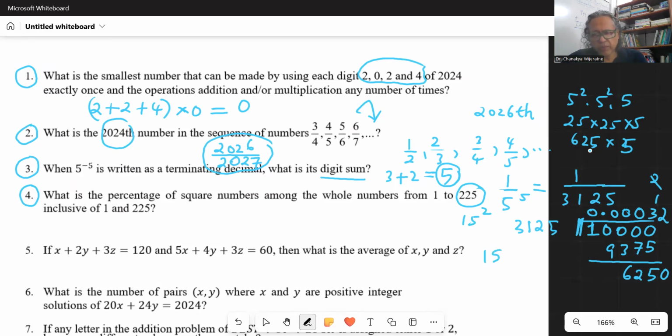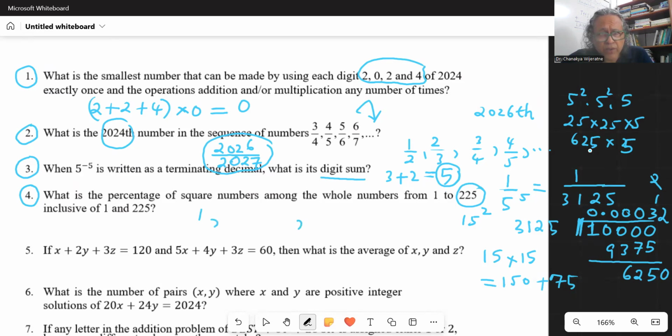Just to make sure, let's multiply 15 by 15. So 15 times 10 is 150, and 15 times 5 is 75, and this is of course 225.